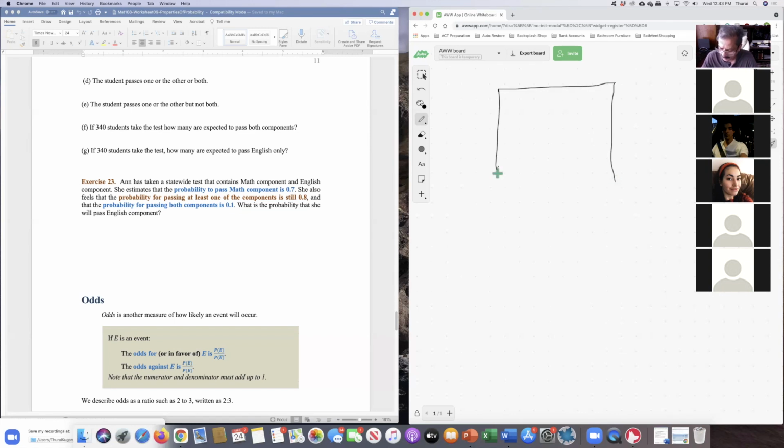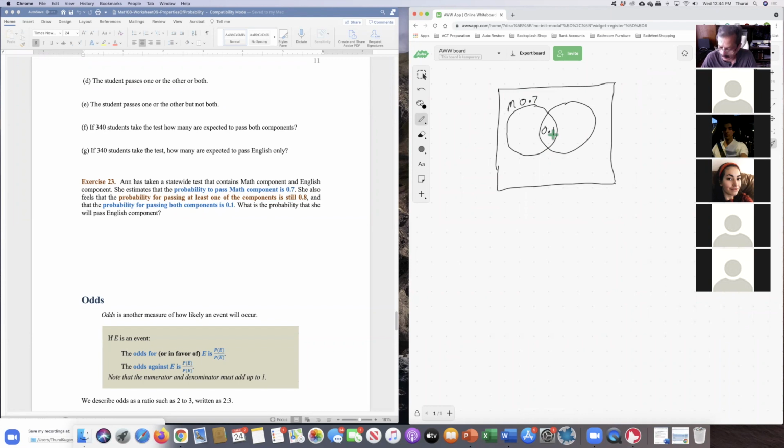This is similar to the previous question, but it's worded differently, so we should see how to do it. So 0.1 is given for passing both.